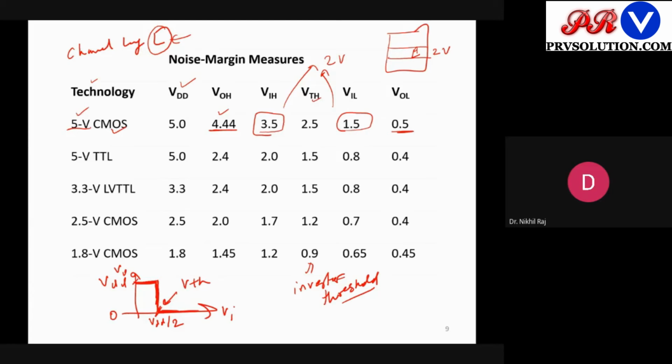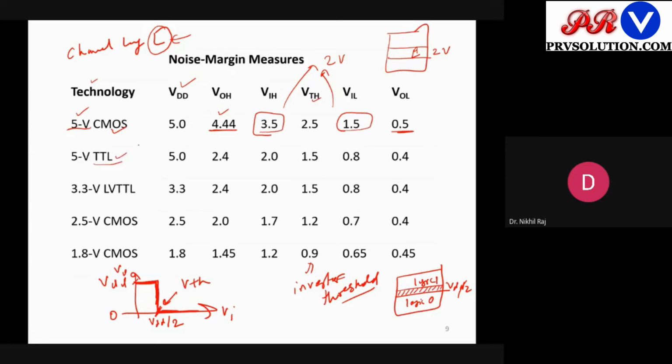For a full swing, above VDD by 2 is logic 1 and below VDD by 2 is logic 0, if it is a perfect inverter. But generally it is not the case, so that's why some uncertainty regions are there in between.